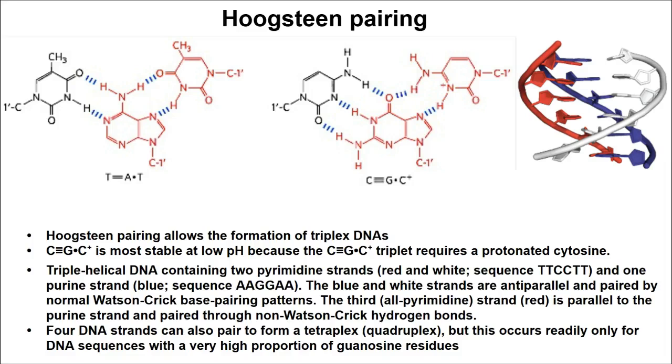And then last but not least, I know you're probably very familiar with DNA having a double helix, but DNA can actually have a triplex. This is called the Hoogsteen pairing, which allows this formation.